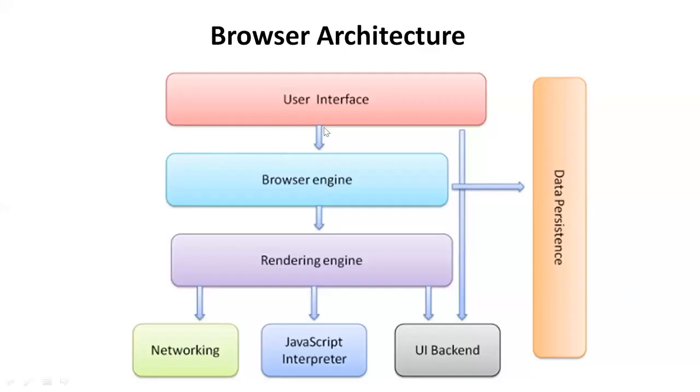And very important, every browser has an engine. Browser engines are responsible for translating your HTML. Whatever you write in English is not understandable to the browser. Every programming language is not directly understandable to a machine. It needs to be converted into binary.